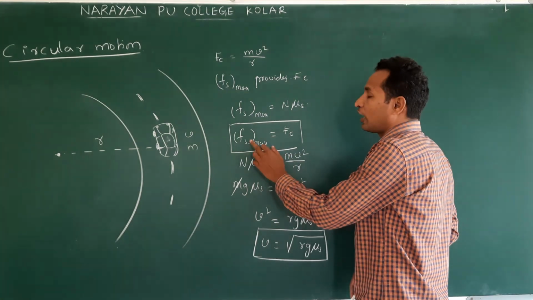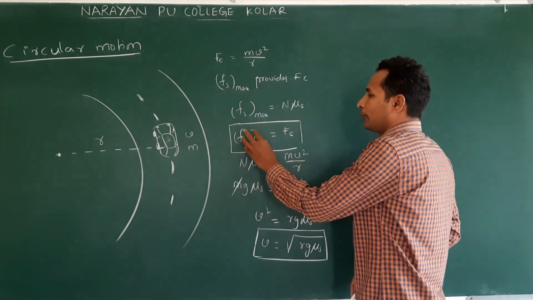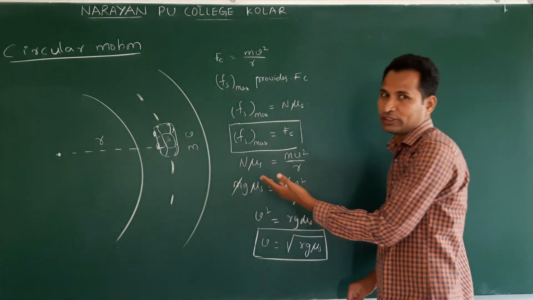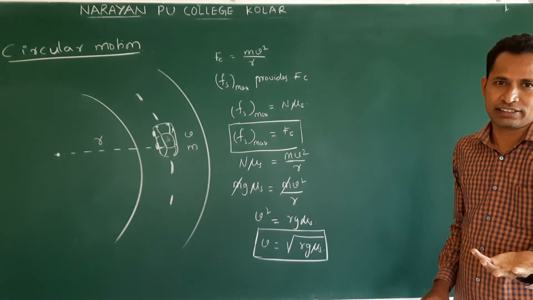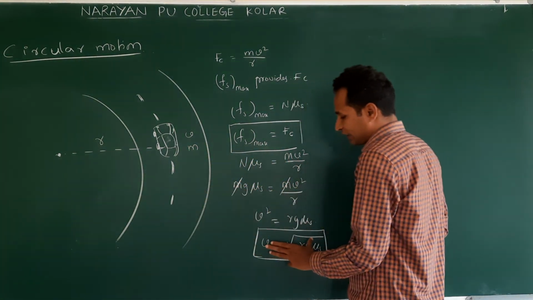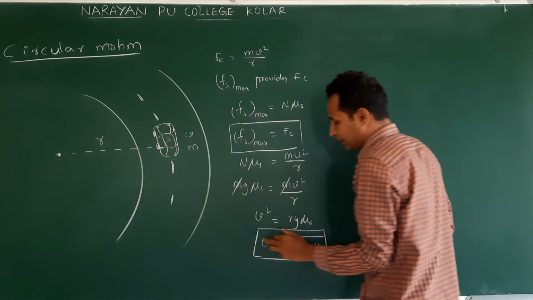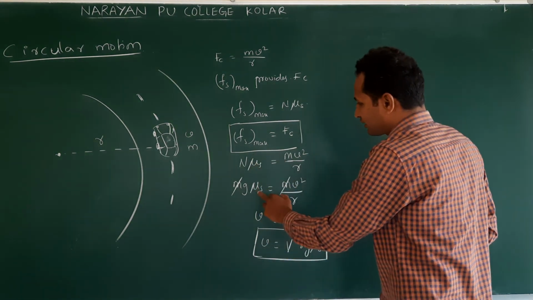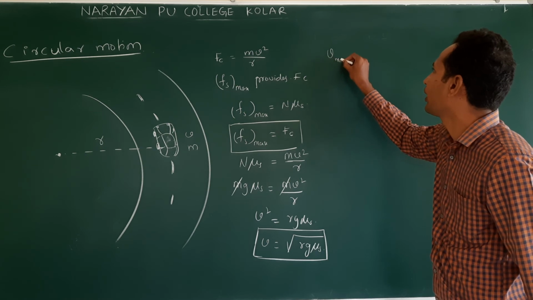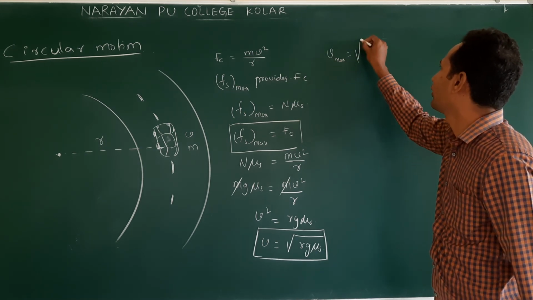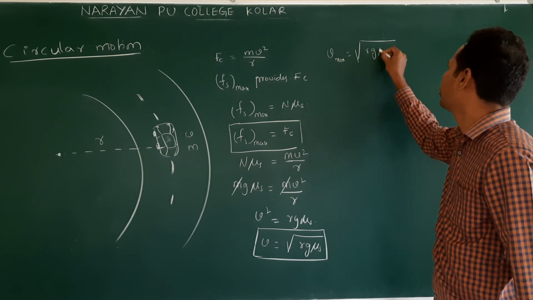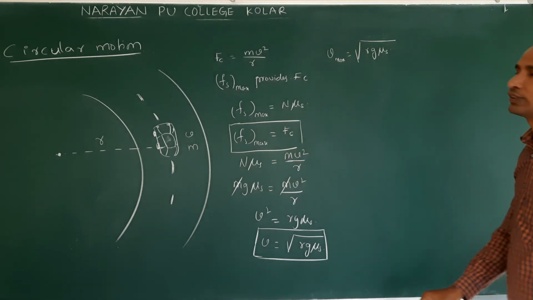Of course, friction is there, but friction provides the centripetal force up to a certain value only. Other than that, it is not possible. So for a safe journey on this curved road, the maximum velocity V max is equal to under root of R g mu s.